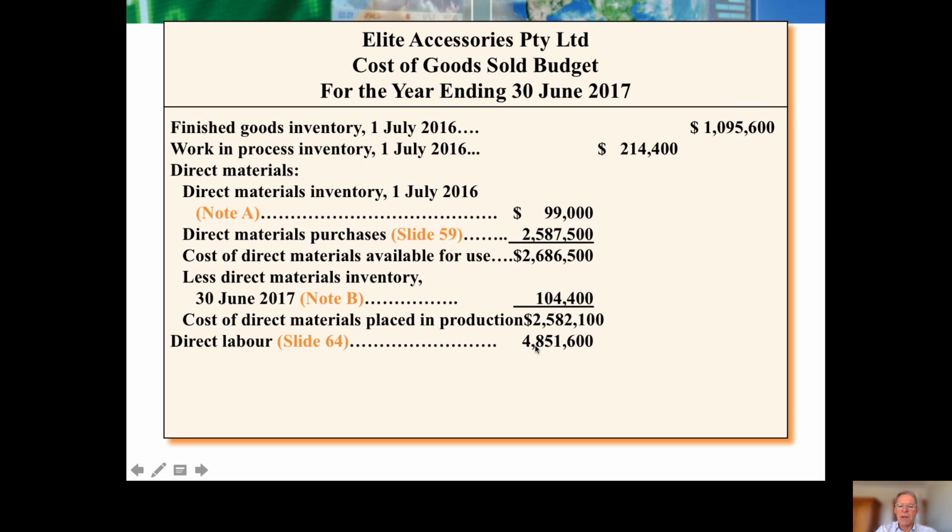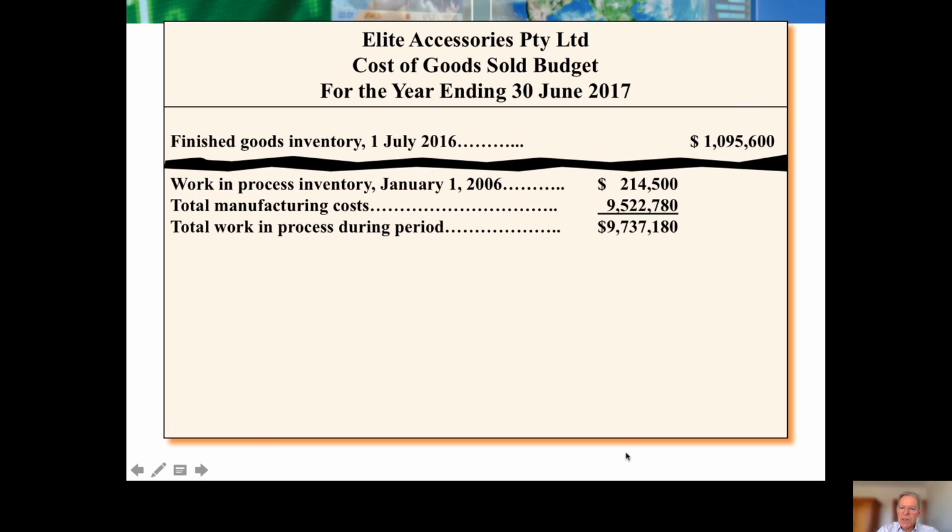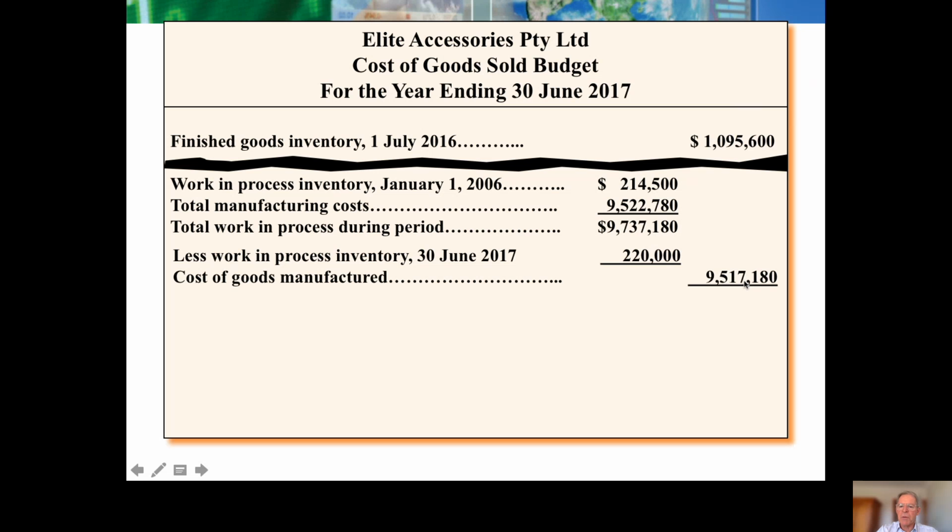Then we add labour, from the labour costing sheet and budget sheet, and the factory overheads, the 3 main component parts: materials, labour, overheads. Add them together. Total manufacturing cost is that, plus our opening stock of work in process, less whatever work in process is on hand at the end, must be the value of completed production transferred out to the finished goods warehouse.